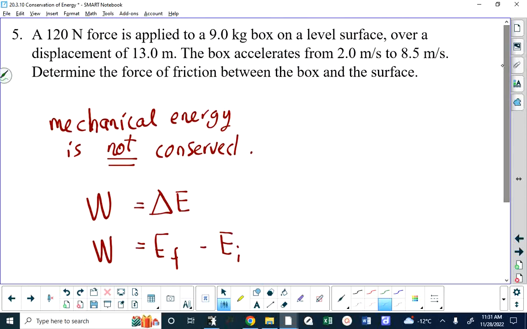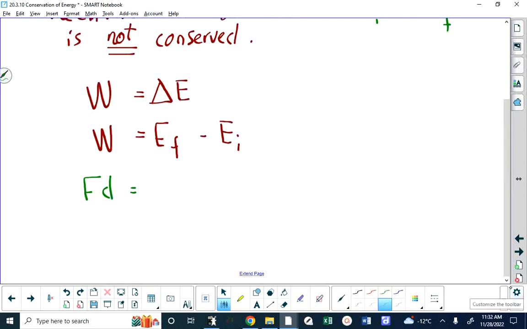The box does have an initial speed, so it has an initial kinetic energy, and it has a final speed, so it has a final kinetic energy. So we're going to have EKF minus EKI. But, and just stop writing for a second, I'll save you some eraser time.